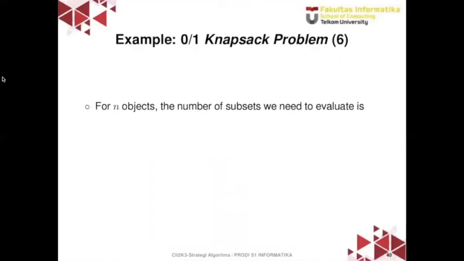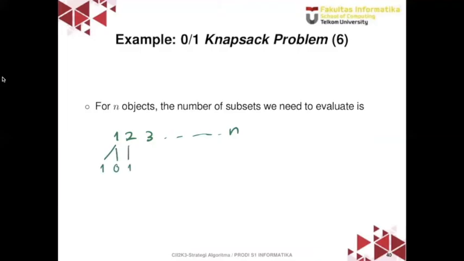For n objects, the number of subsets we need to evaluate is, if we have n objects, 1, 2, 3, until n, object 1 may be chosen or maybe not.